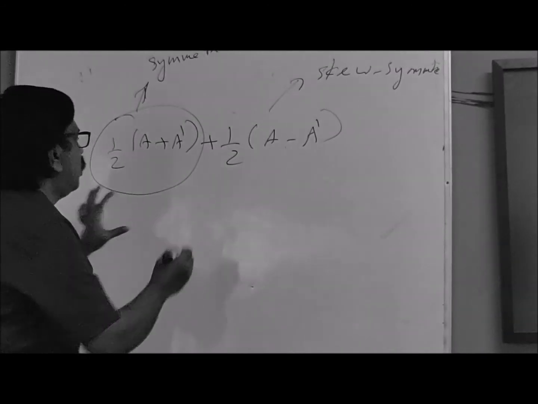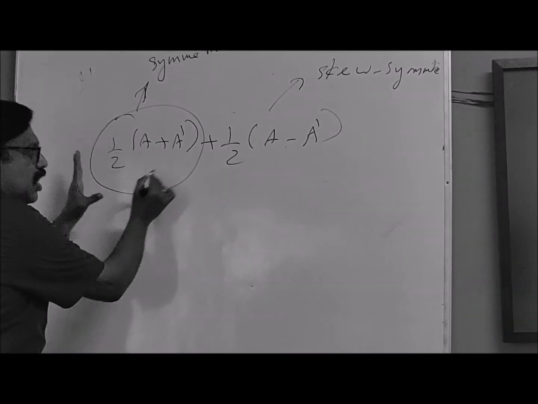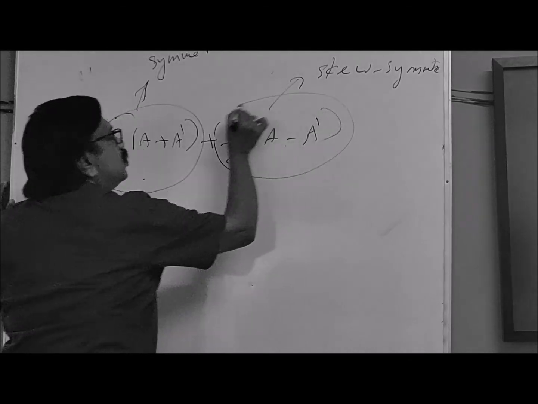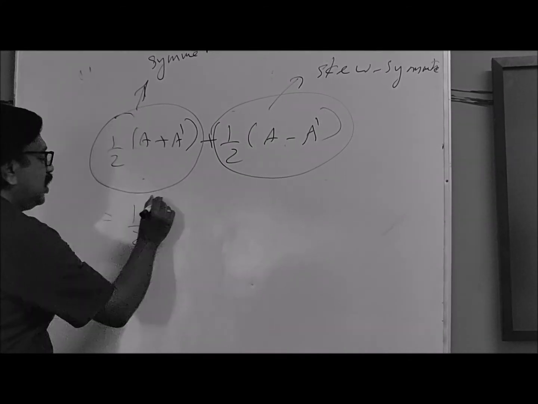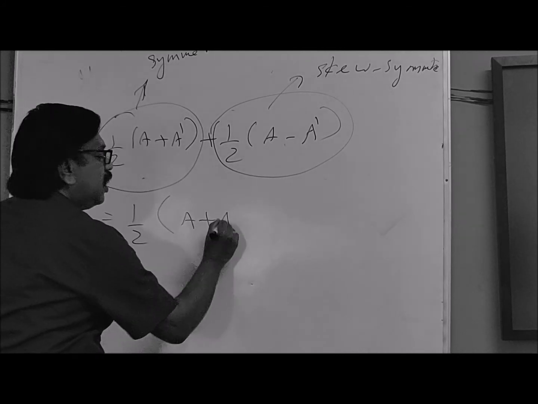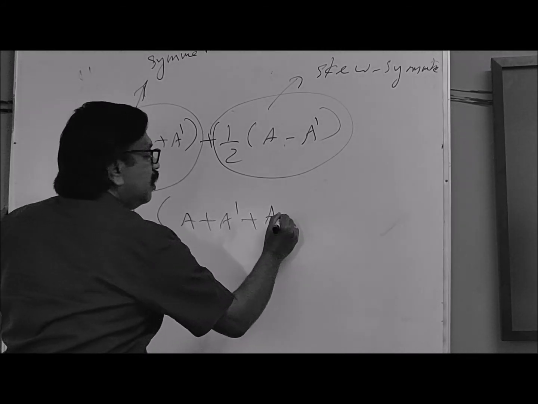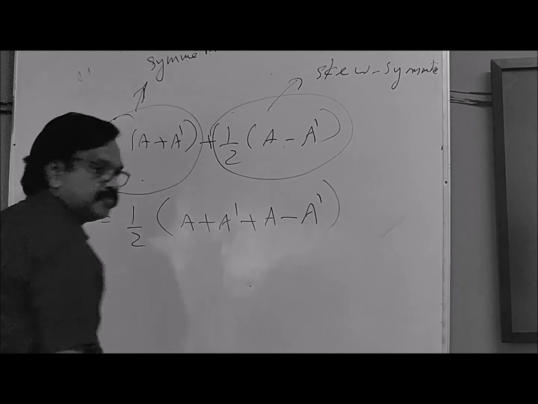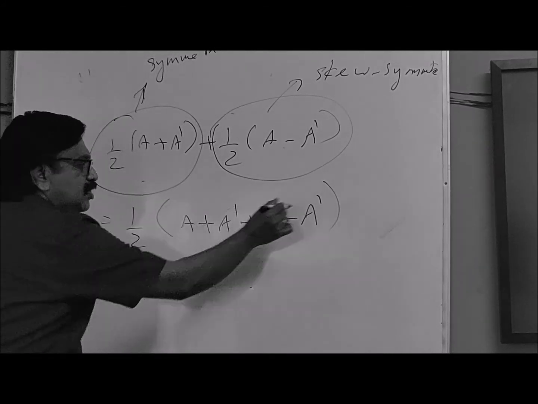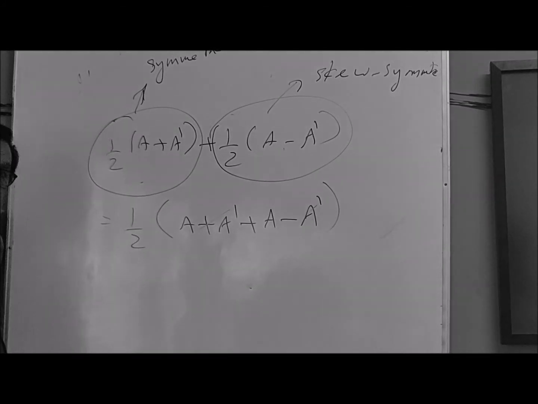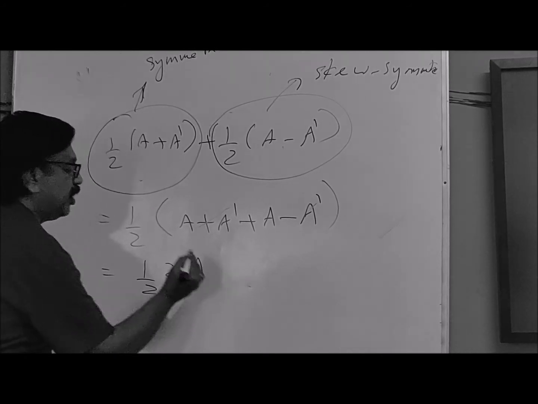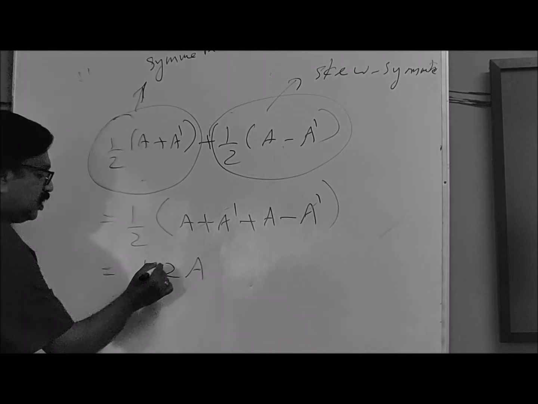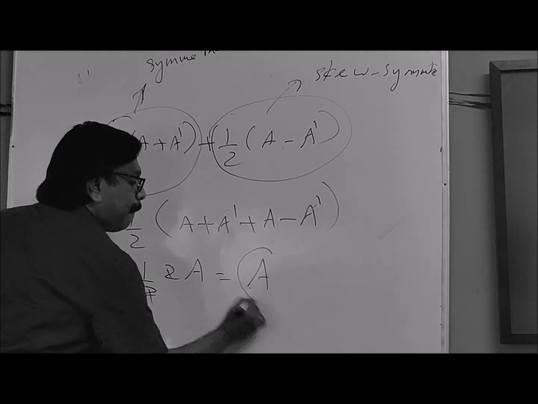What is the sum? Taking half outside, A plus A transpose plus A minus A transpose. The A transpose terms cancel, and we get half into 2 times the matrix A. Therefore, this matrix is A.